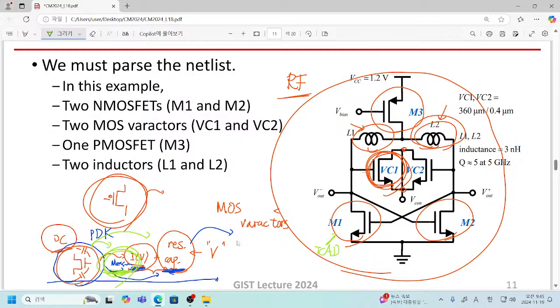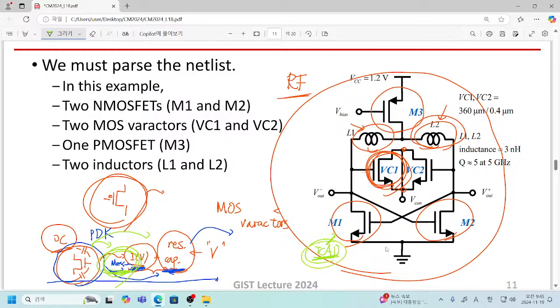The correctness of your TCAD simulation should be guaranteed by your TCAD engineers. Their input parameters, device structure, material parameters, mobility models, those kinds of things should be calibrated to make a good agreement.